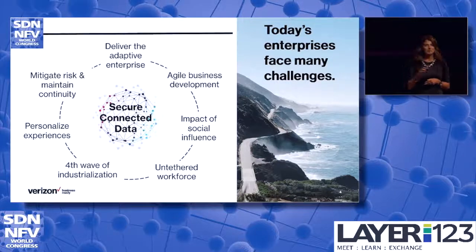And all businesses face these same challenges that we're also facing. Agile business development in our processes, the need to deliver agile enterprises that can adjust to the demands of the business in a certain place and time, and really deliver solutions to that untethered workforce.